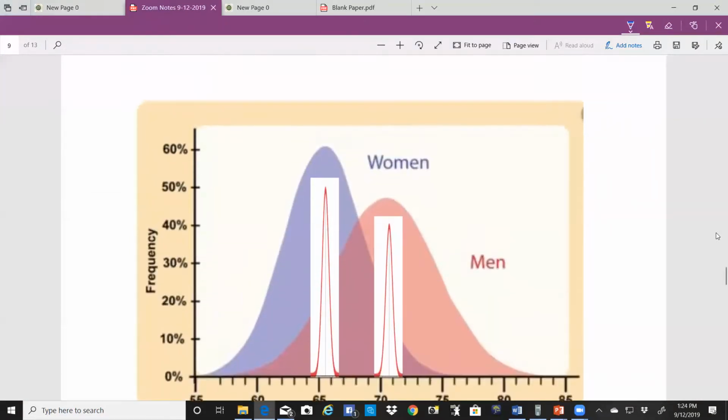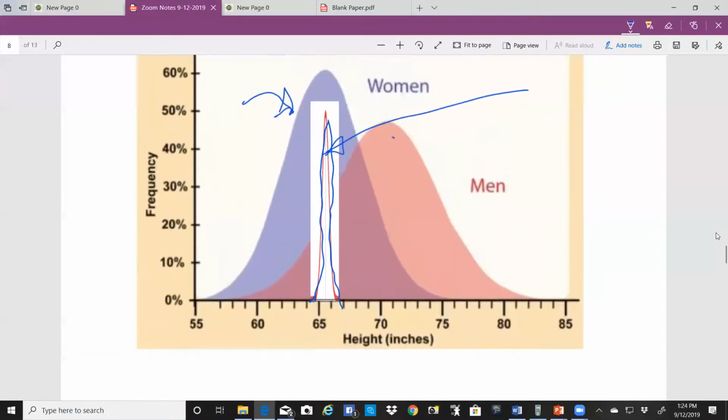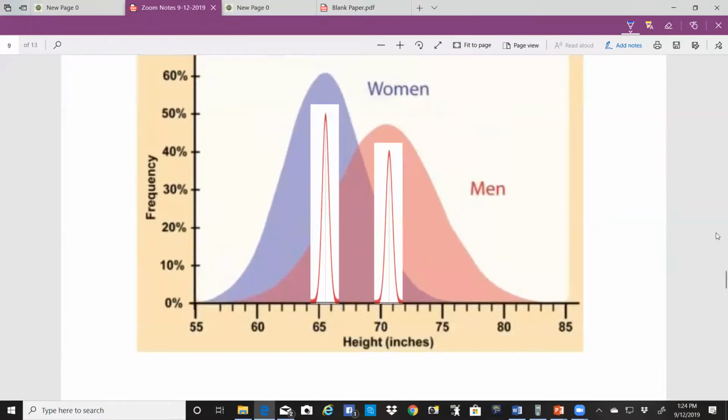If all men had pretty much the same height, their distribution would look like this as opposed to a wide variation.